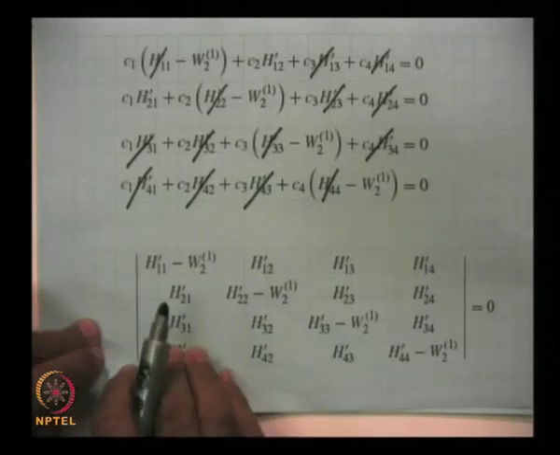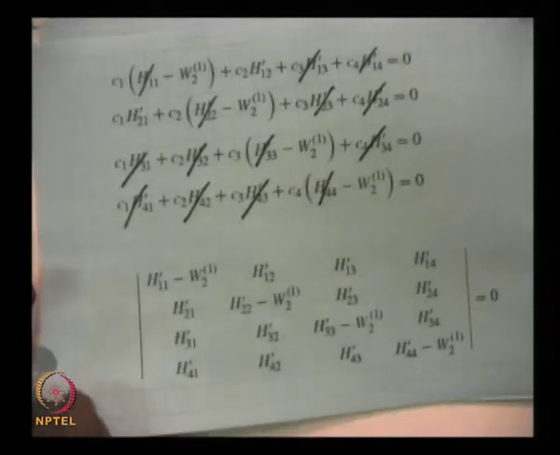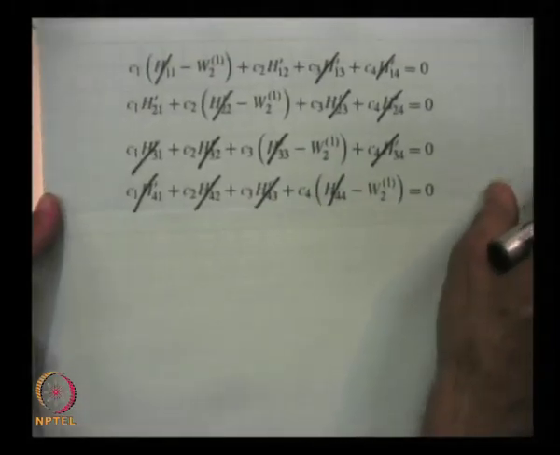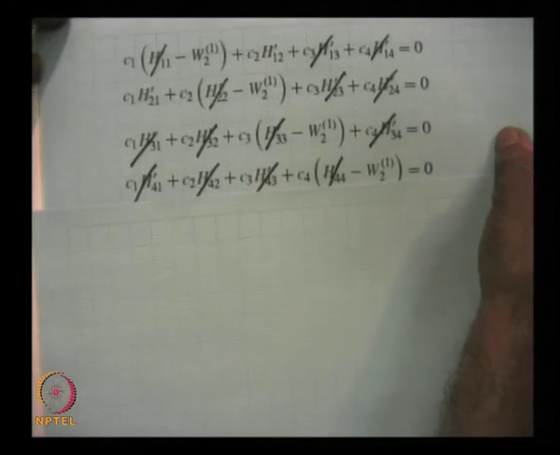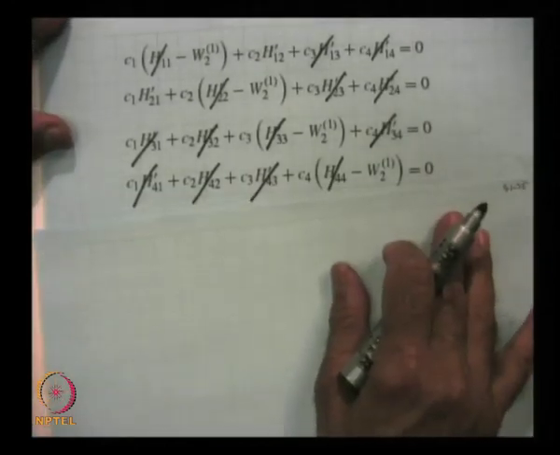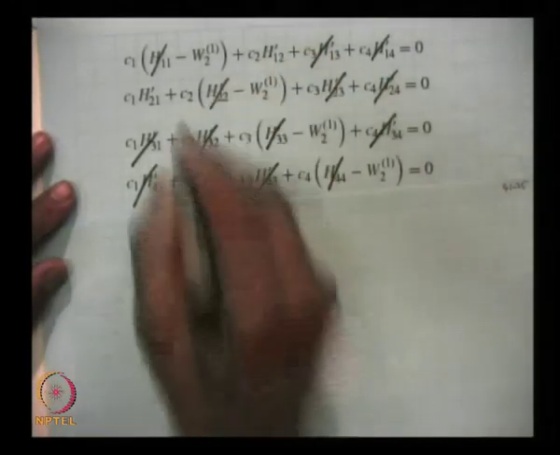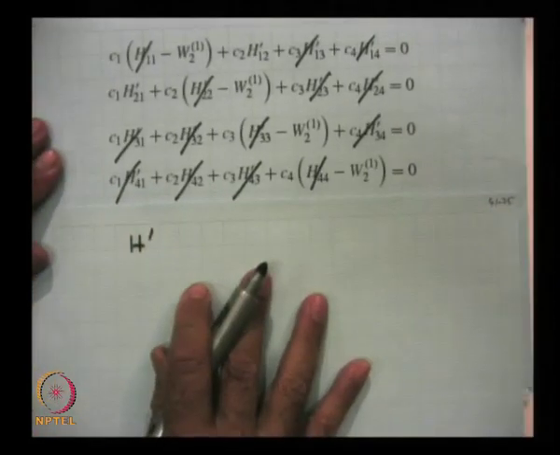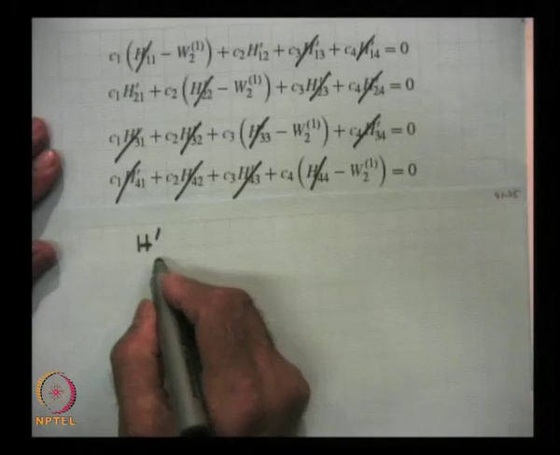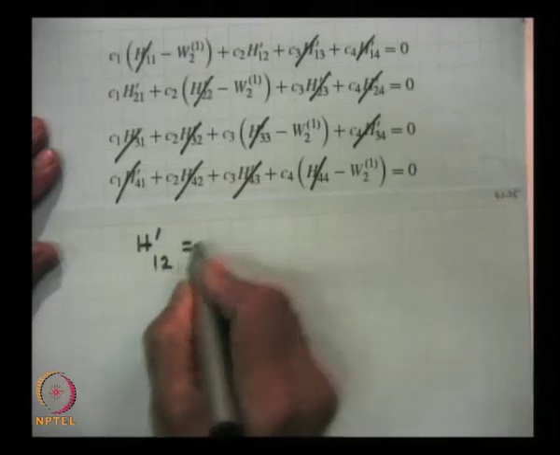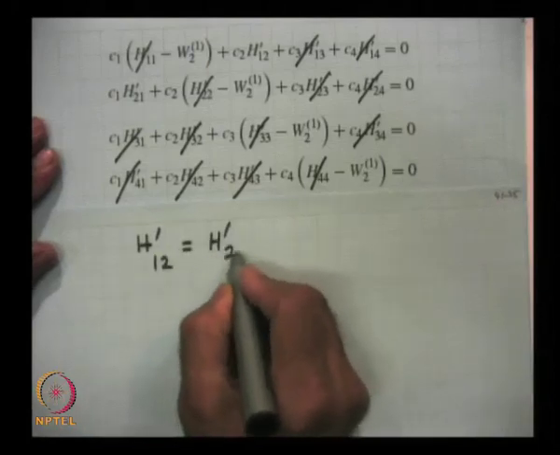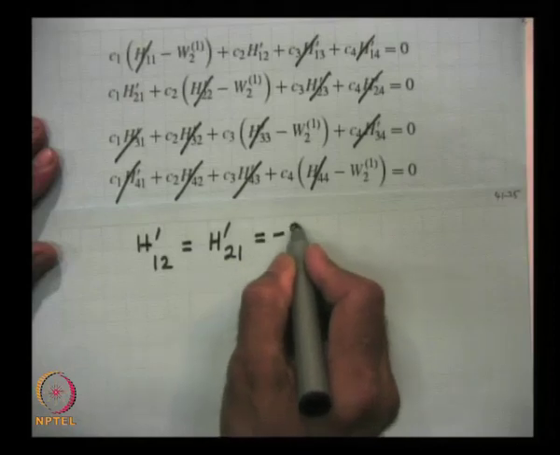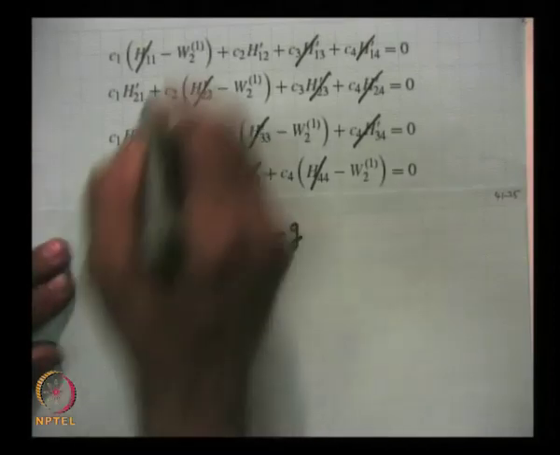But let me take the values of the different matrix elements. We will have h prime 1 2 and h prime 2 1, h prime 1 2 is equal to h prime 2 1 is equal to minus G. My objective is to calculate the perturbation.